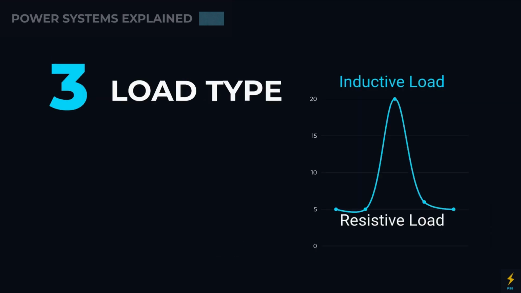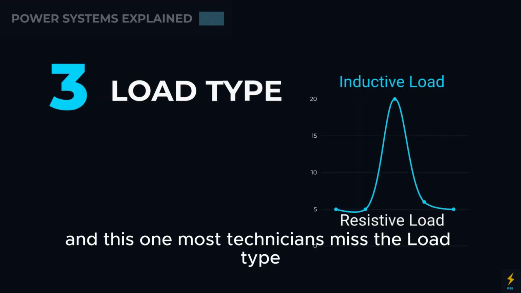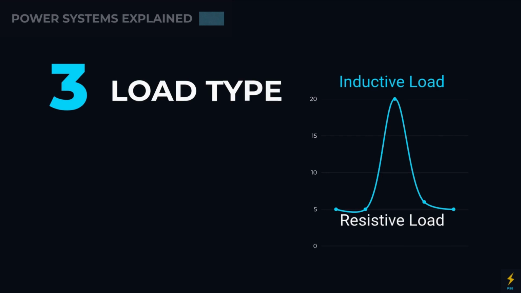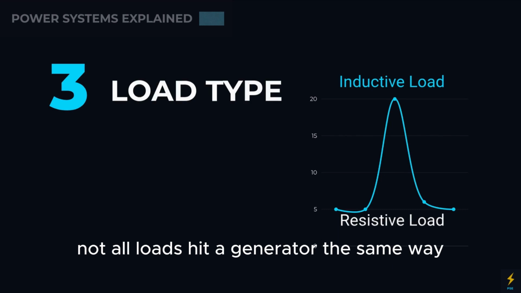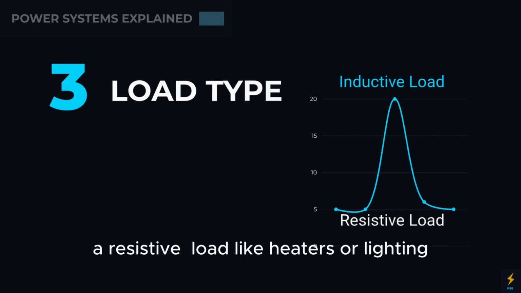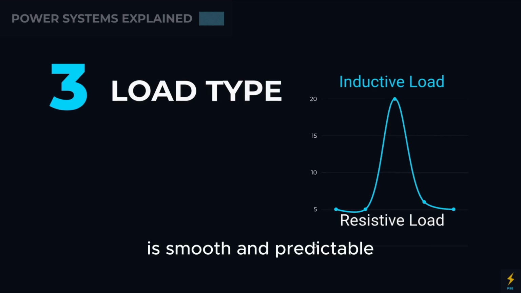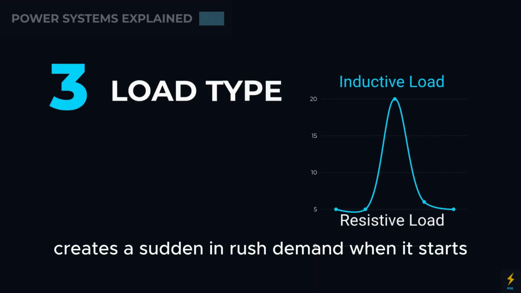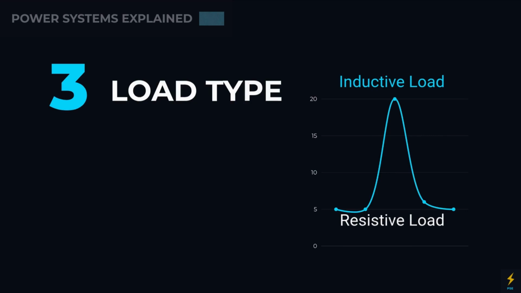Number three, and this one most technicians miss, the load type. Not all loads hit a generator the same way. A resistive load like heaters or lighting is smooth and predictable, but an inductive load, motors, compressors, transformers, creates a sudden inrush demand when it starts.